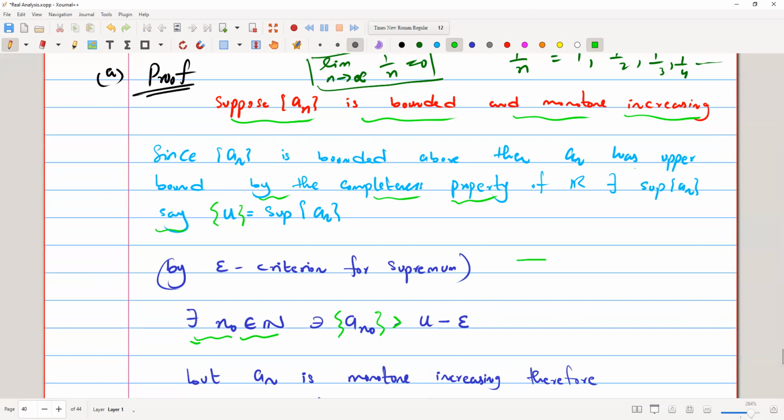If we have a number somewhere here, there is a_{n_0}, and we have the supremum somewhere here, U, and if I subtract a small number epsilon from this U, then this U minus epsilon will be somewhere here.